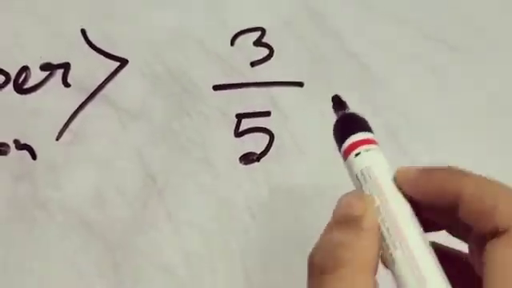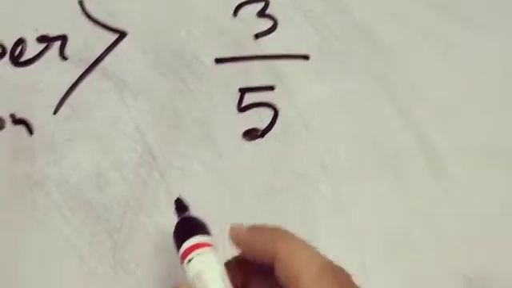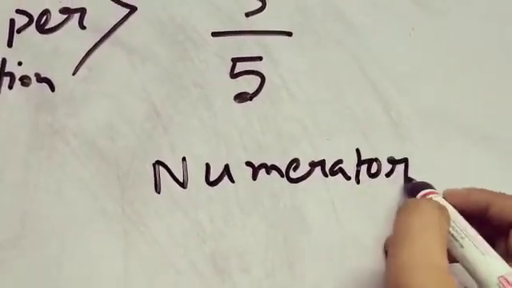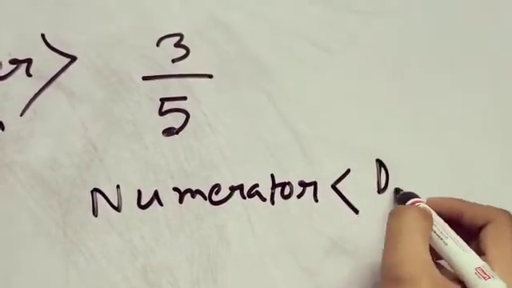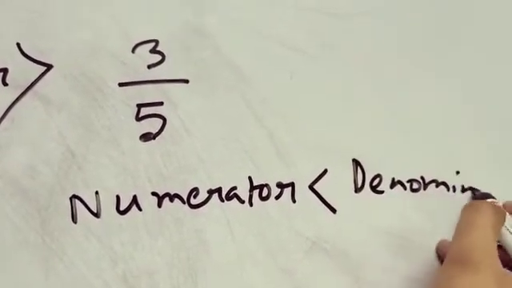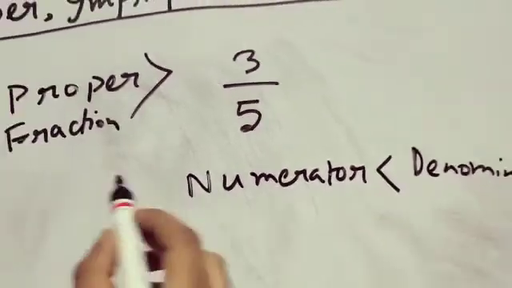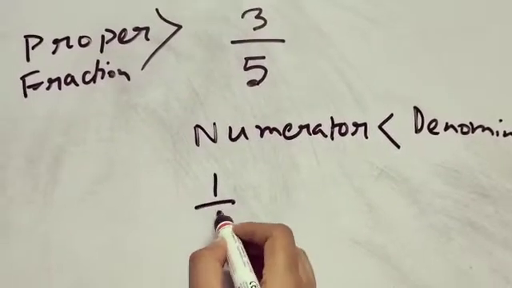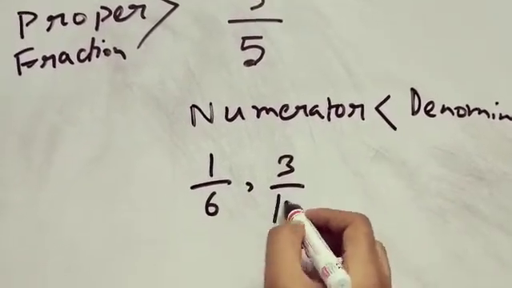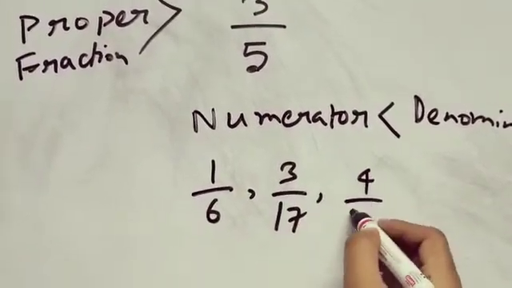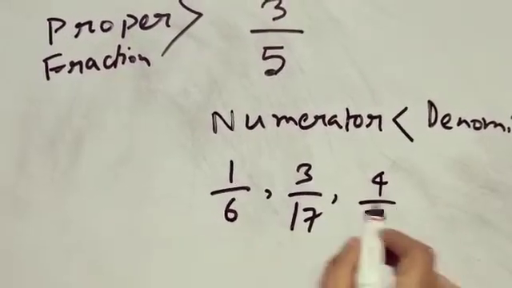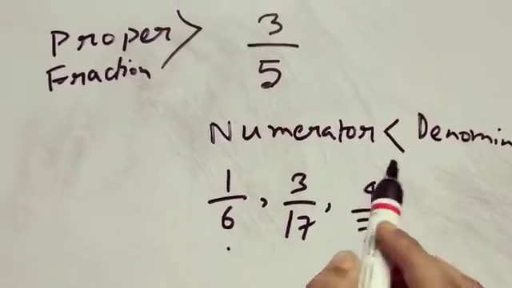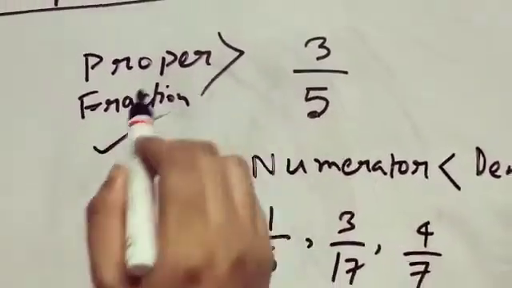This type of fractions where the numerator is smaller than the denominator will be called as proper fractions. Some other examples are 1 by 6, 3 by 17, 4 by 7. You can see in all of these fractions the denominator is larger than the numerator. Okay, so these type of fractions are called proper fractions.